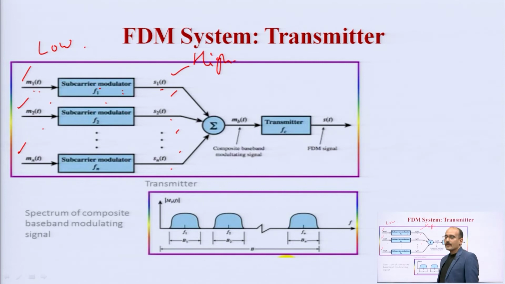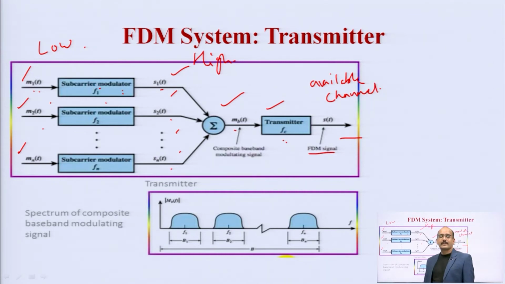Then all these signals combine to make a composite signal called MB(t), and that composite signal is transferred on a single channel, and that is called the FDM signal. Also, the transmitter uses a common carrier frequency called Fc, which is aligned with the available channel bandwidth.